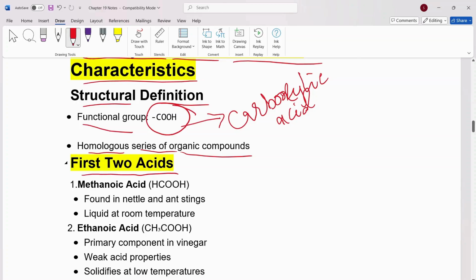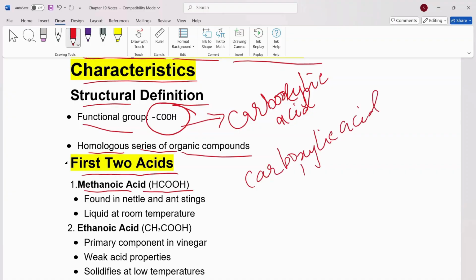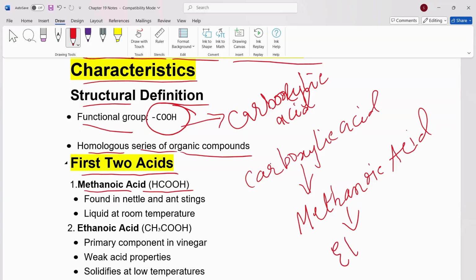First two acids: methanoic acid, HCOOH. So inside carboxylic acid, you have methanoic acid, and then you have ethanoic acid.